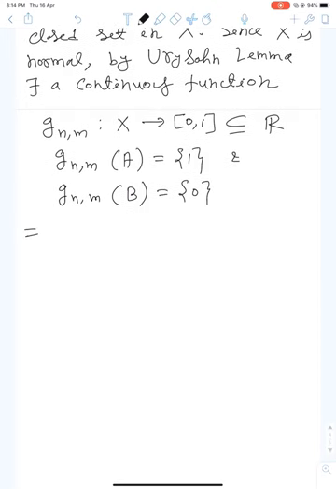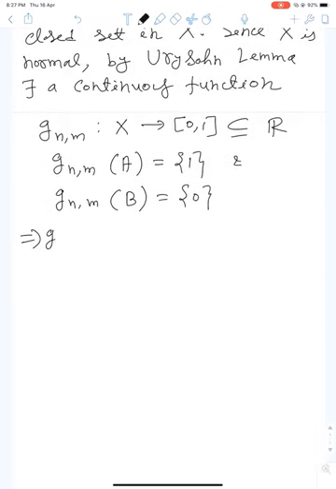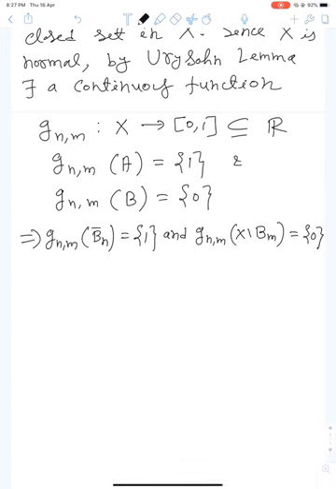That implies g n,m on the closure of Bn equals 1 and g n,m on X minus Bm is the singleton 0.